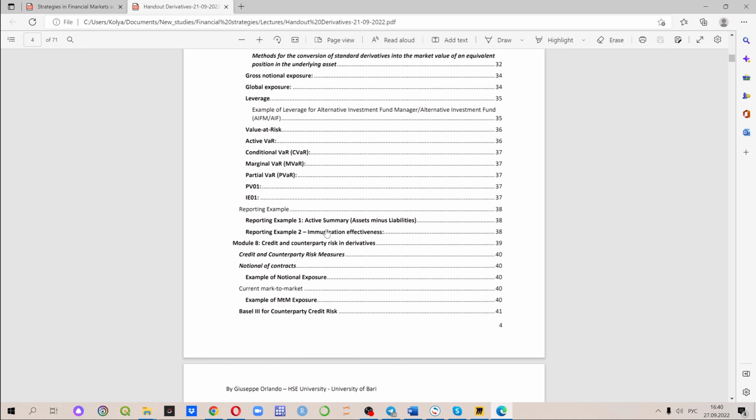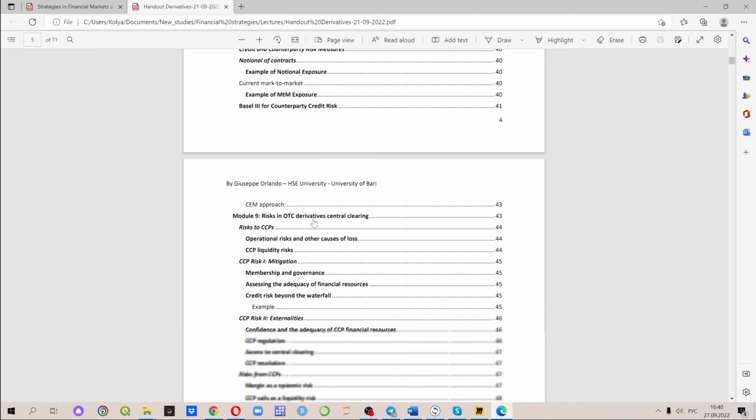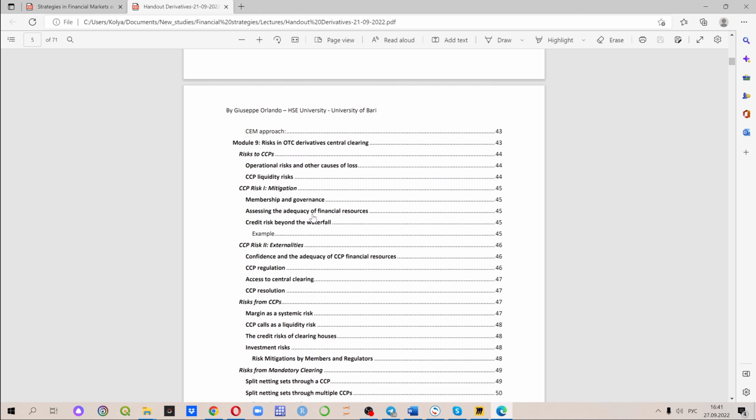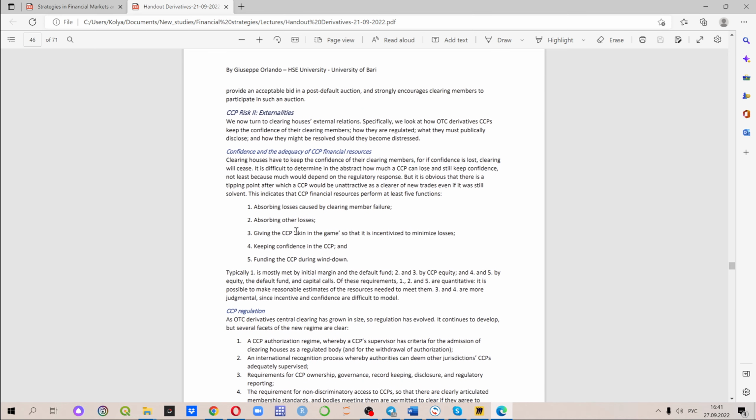Just a recap. So we said there are different kinds of derivatives. Then why we want derivatives in the market: because they could be used for management, for investments, in order to improve performance and reduce risk.